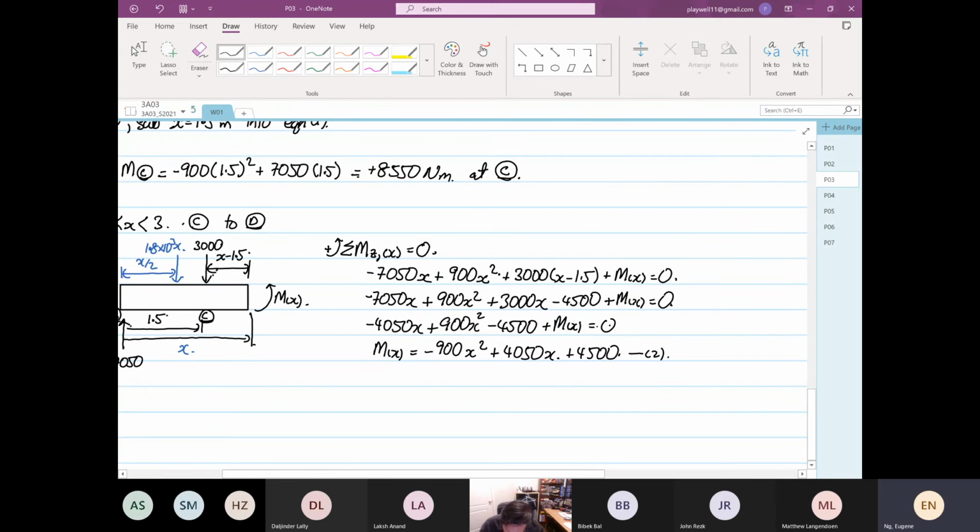Okay. Now, how do we know that this equation is correct? So, if we do dm by dx, when dm by dx is equal to 0, x itself must be equal to 2.25 meters.